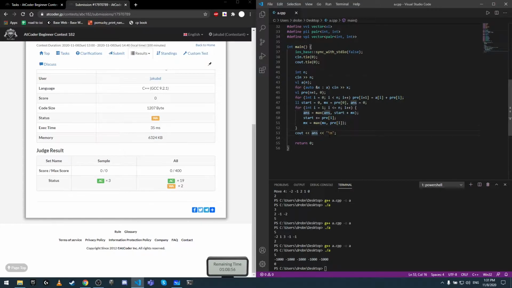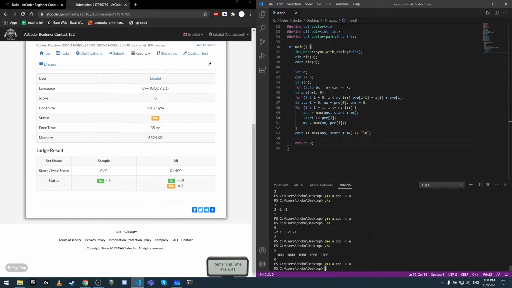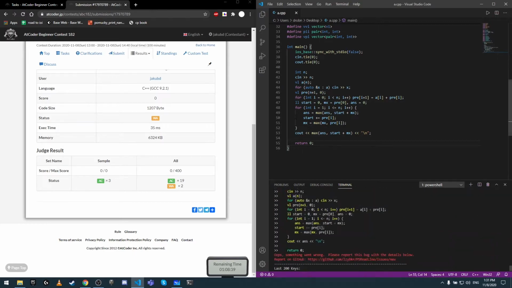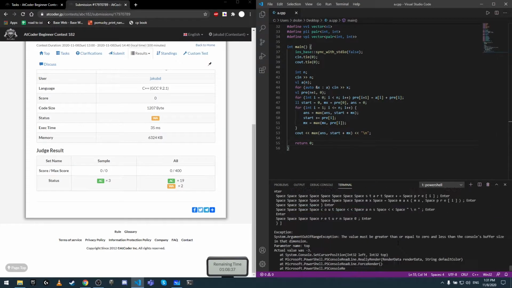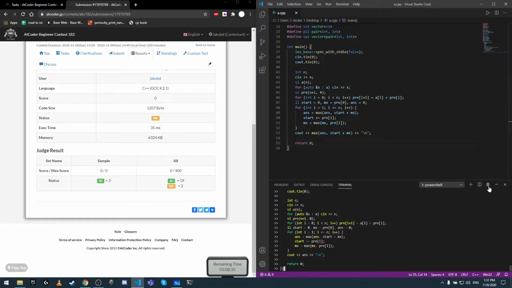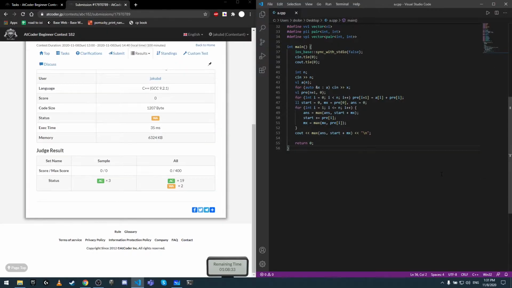So I think what we need to do is also do max of ans and start plus max, which should do it. Oh my goodness. Okay, PowerShell.